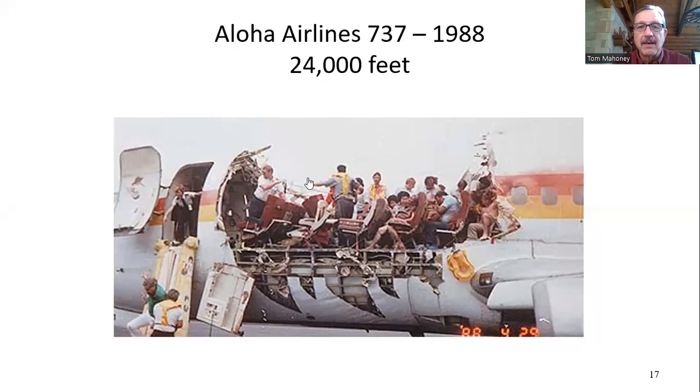So this was a flight, on a 737 at 24,000 feet over the Hawaiian Islands back in 1998, where the top literally blew off right behind the cockpit and over the forward section of the cabin. Remarkably, only one person lost their life. It was a flight attendant who got sucked out of the top, and they never did find the body.